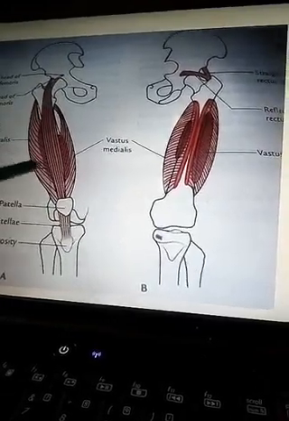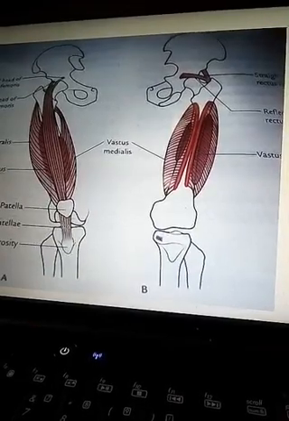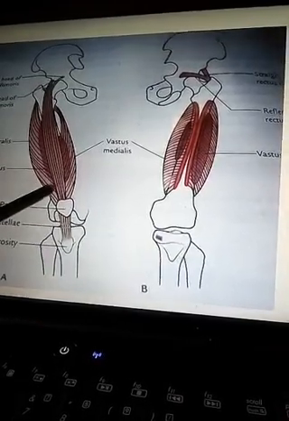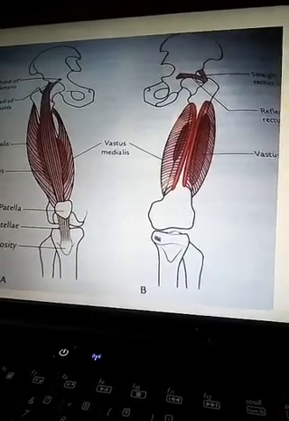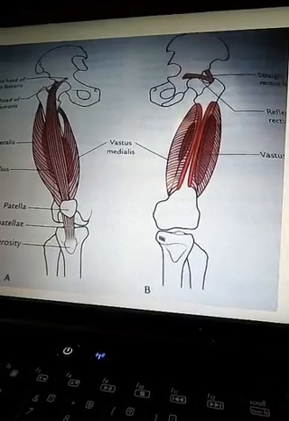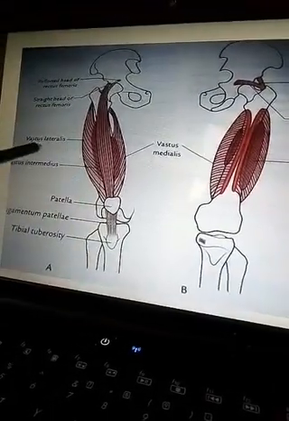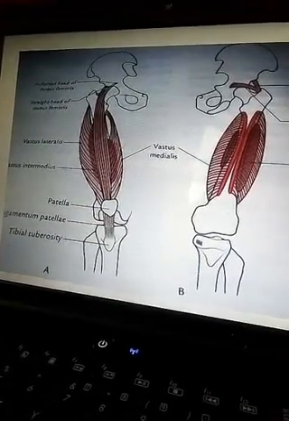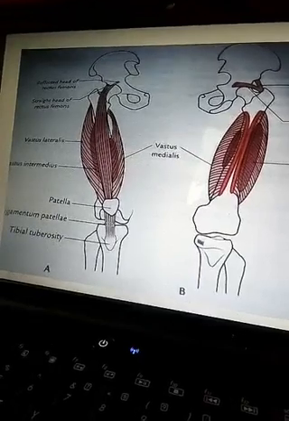Now, after reflecting this quadriceps femoris muscle, deep to the quadriceps femoris is another small muscle that is known as articularis genu. Articularis genu muscle consists of 3 or 4 muscular slips which are considered to be a detached part of vastus intermedius.